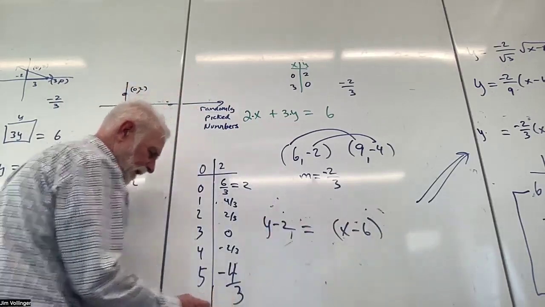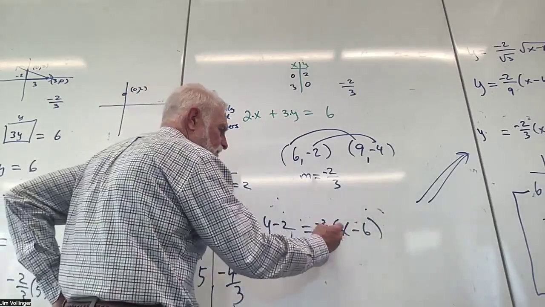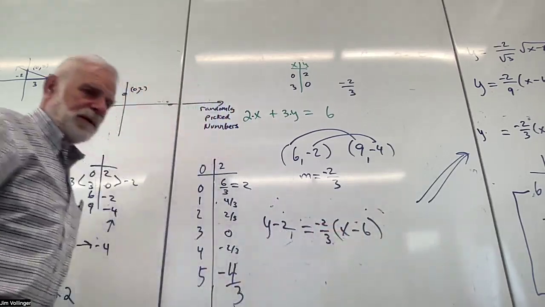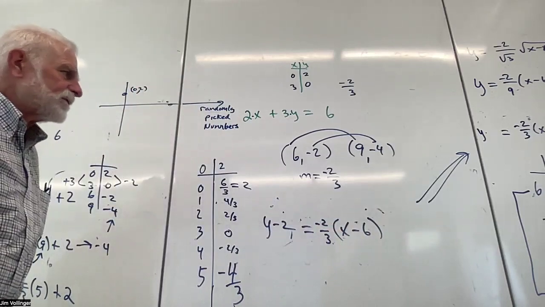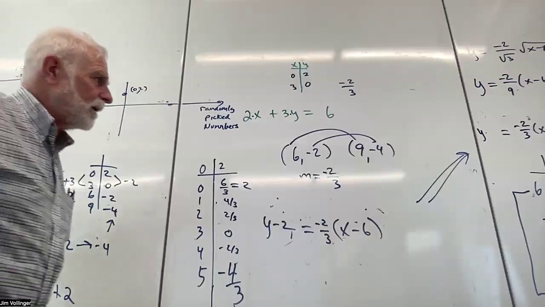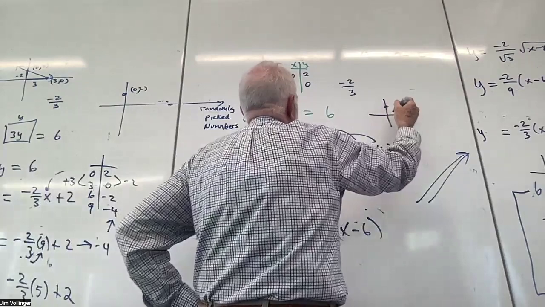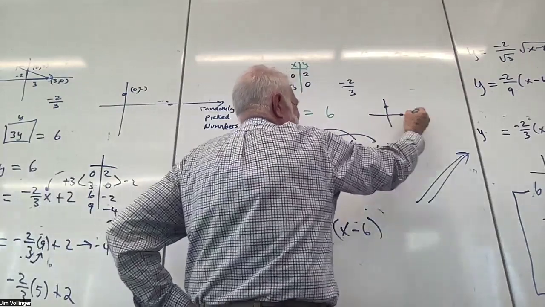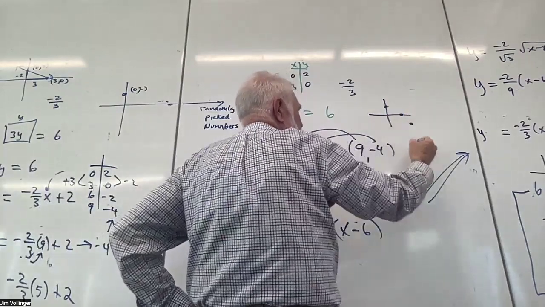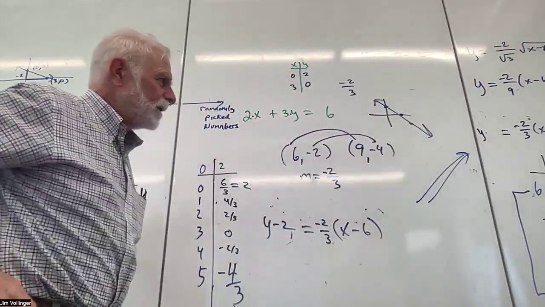That gets me correspondence right here. And then somebody said, oh yeah, and we're going down at a -2 to 3 clip. I could start measuring from the point (6, -2). If I did, (0, 2) is here, (3, 0) is here, (6, -2) appears to be here. It's lining up. So I could measure from a place like that.